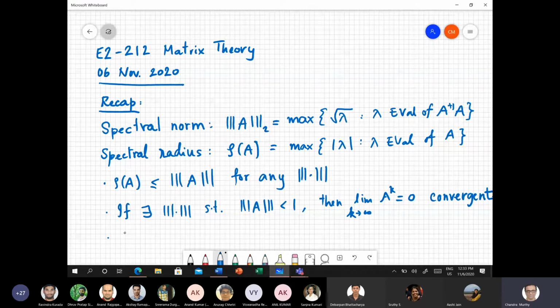And we saw that A is convergent if and only if rho of A is less than 1.